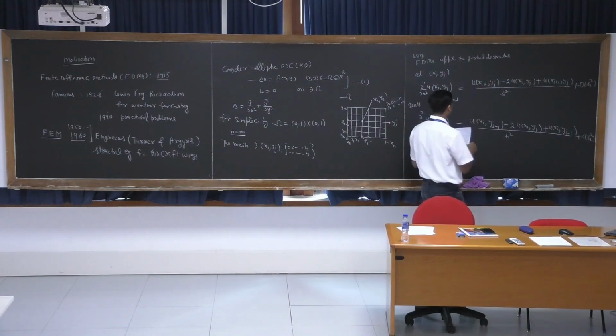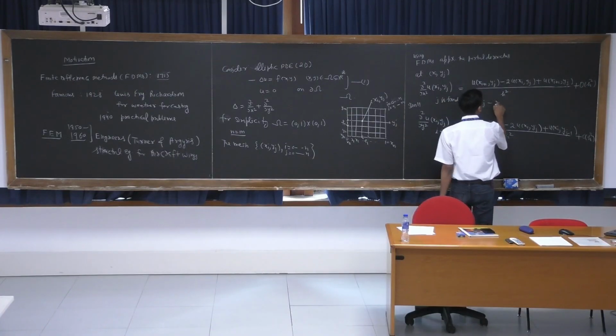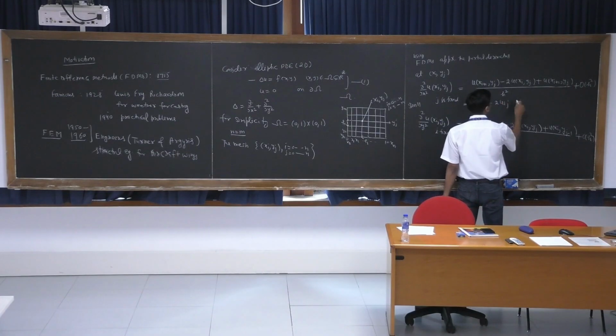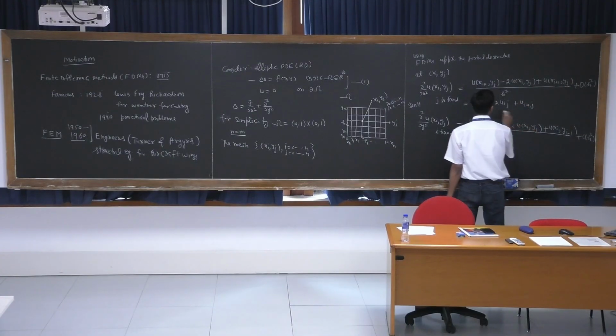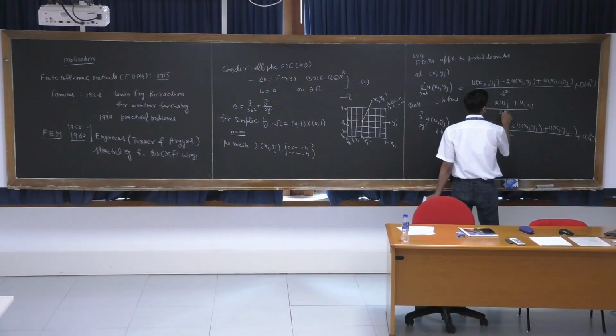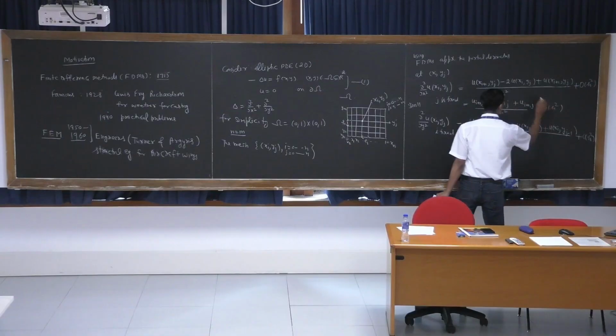For simplicity, I can write the earlier one as just u i minus 1 j minus 2 ui j plus u i plus 1 j, divided by h square, plus order of h square.